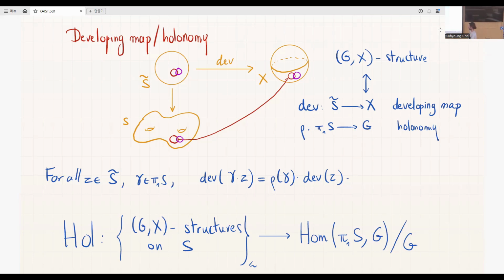That is a very important map because it basically allows us to have sort of a bridge between this very geometric world of geometric structures and this more algebraic world of representations. So it's the conjugacy classes of representation.